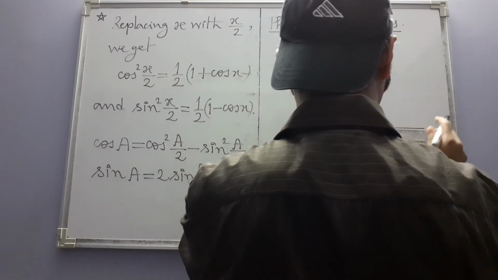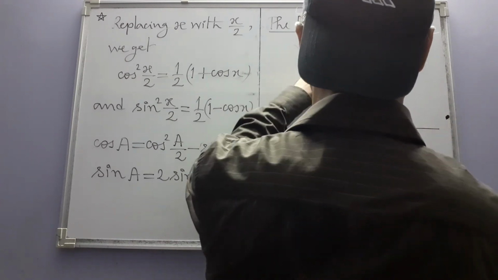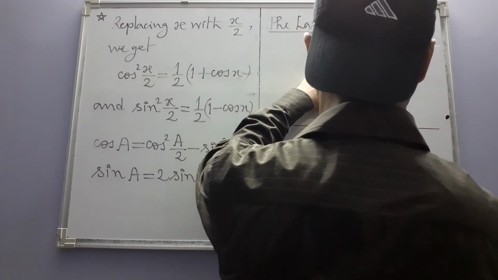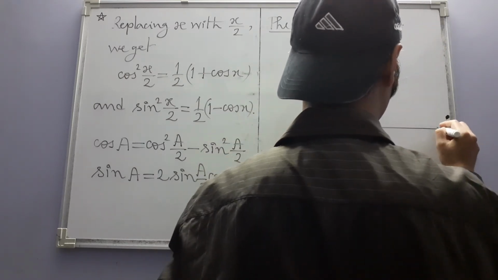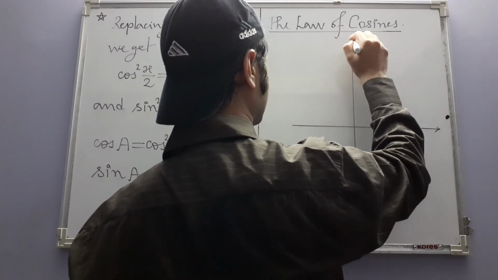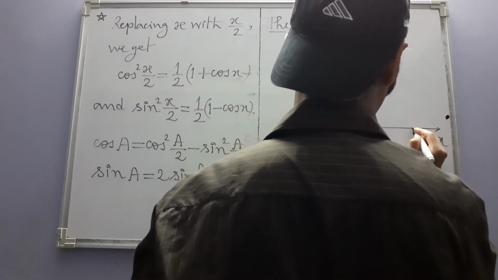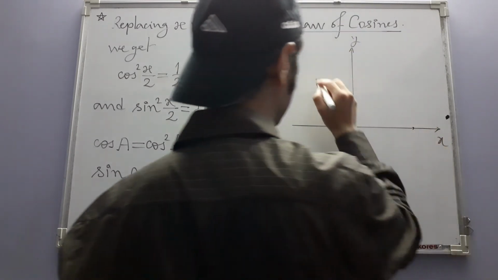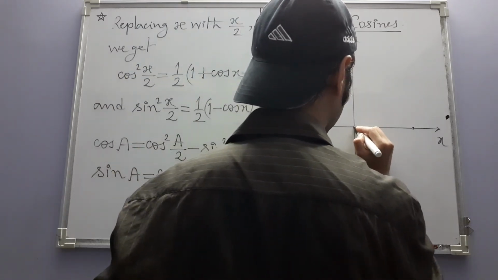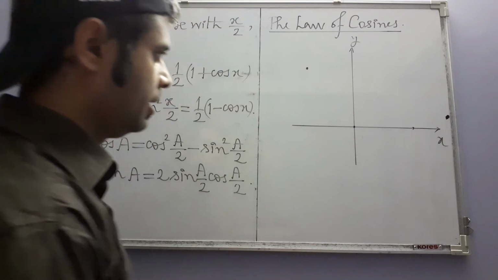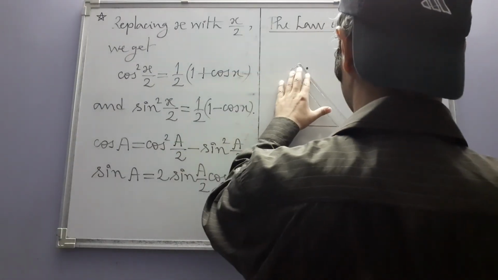So here what we do, we are again going to draw a coordinate system with x and y axis. And we consider a triangle like this. Actually, the law of cosines is applicable to any triangle, but we are considering one particular case.